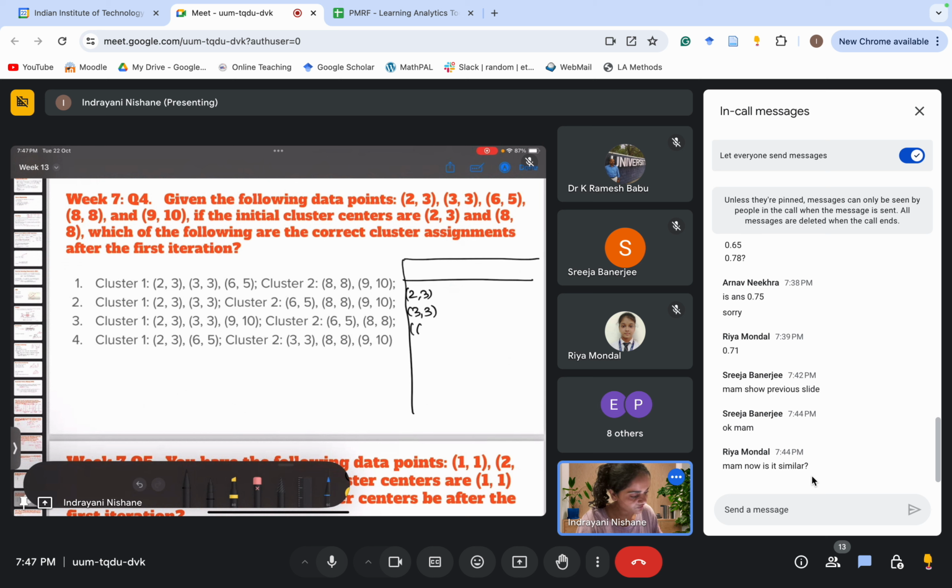So this is the first column of my table, the data points which we have. All 5 data points I have written. Now this is cluster center 1 and cluster center 2, C2. Center 1's value is 2, 3 and center 2's value is 8, 8.